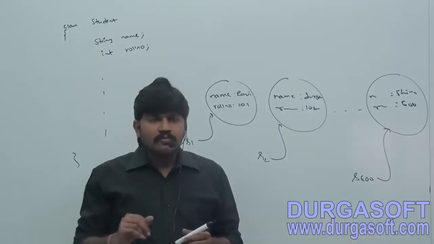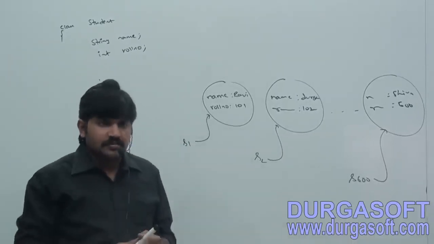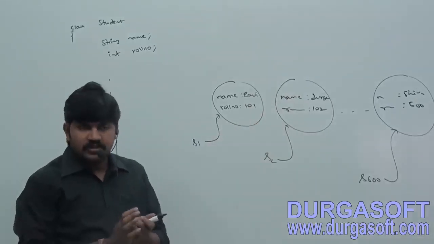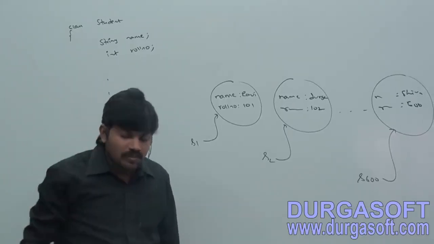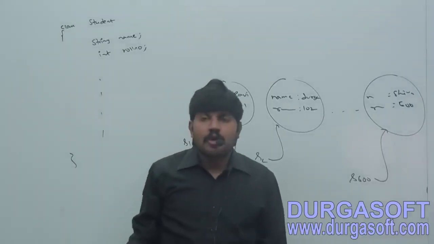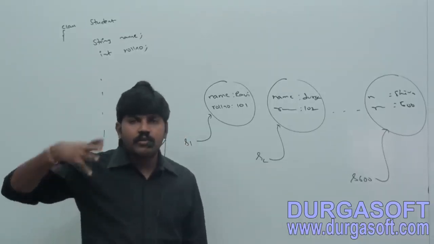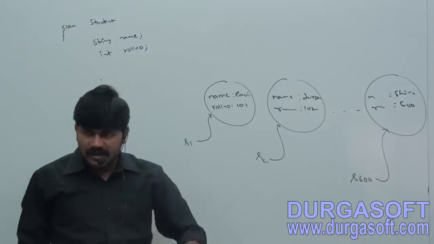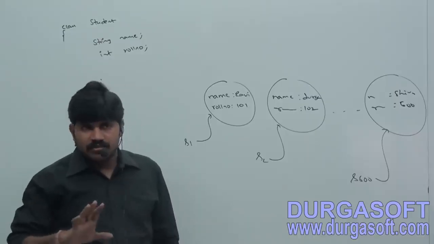Now, sir, for every object, how many copies of instance variables are there? For every object, a separate copy of instance variables will be created. Suppose 600 students are in the classroom. Then how many roll numbers are there? 600. How many names? 600 names. So for every object, a separate copy of name and roll number will be created by default. Such variables are by default considered instance variables, right?